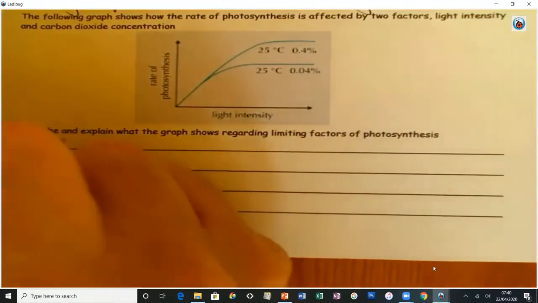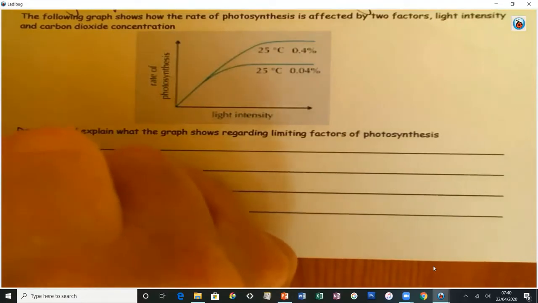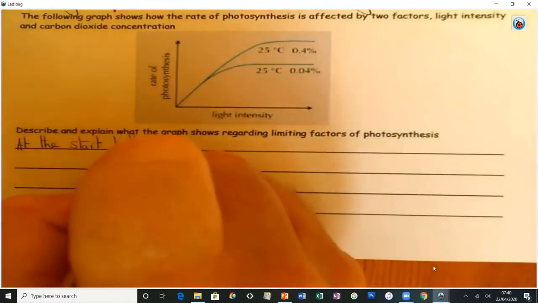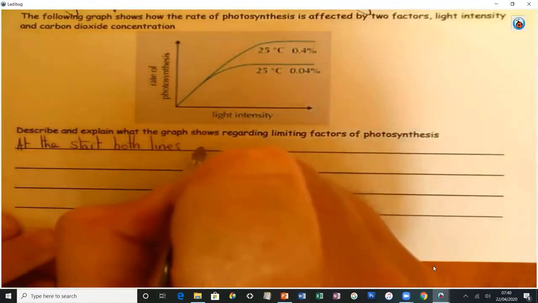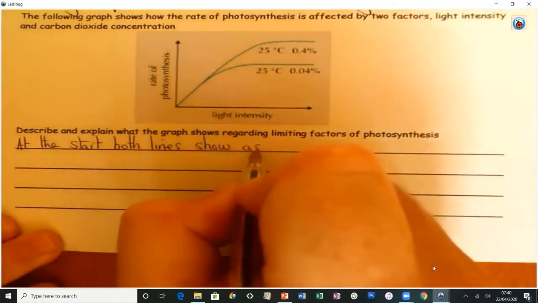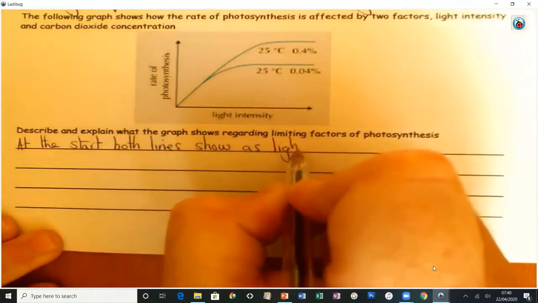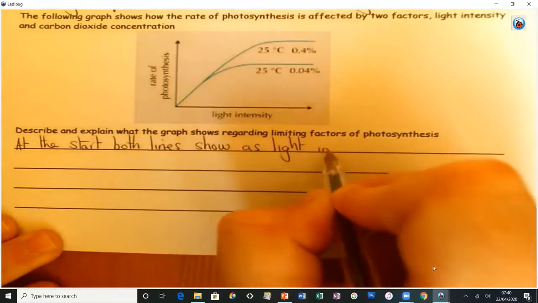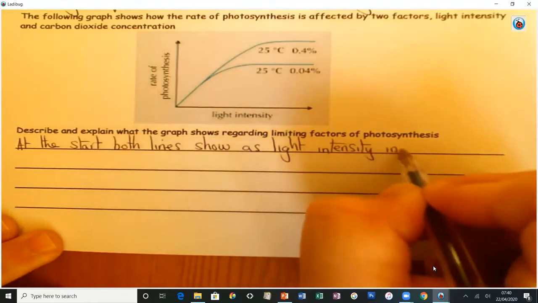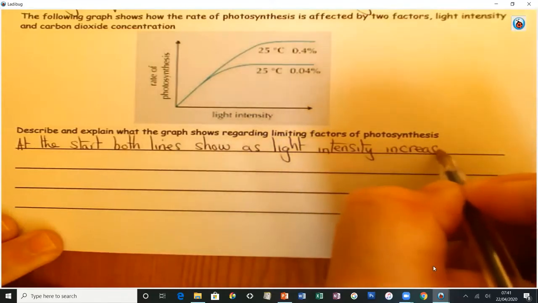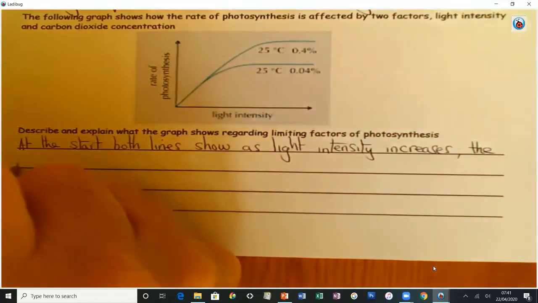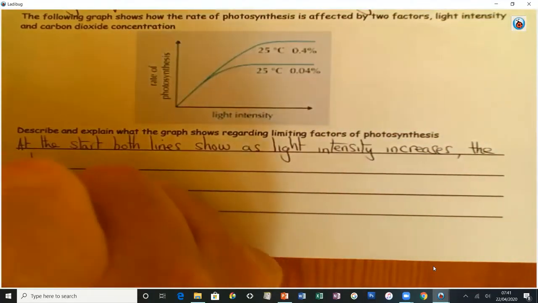At the start, both lines show that as light intensity increases, the rate of photosynthesis increases.